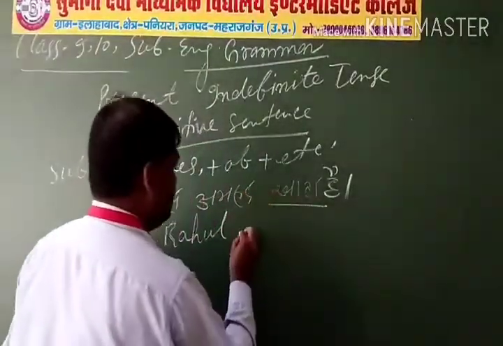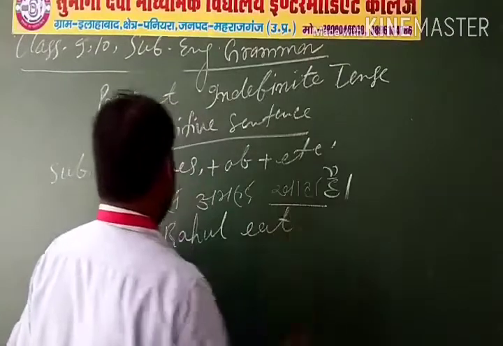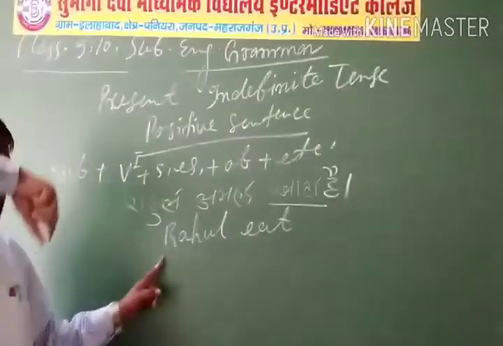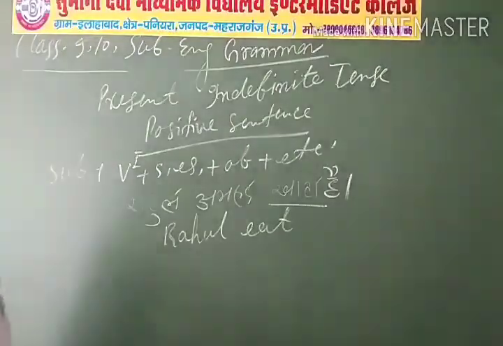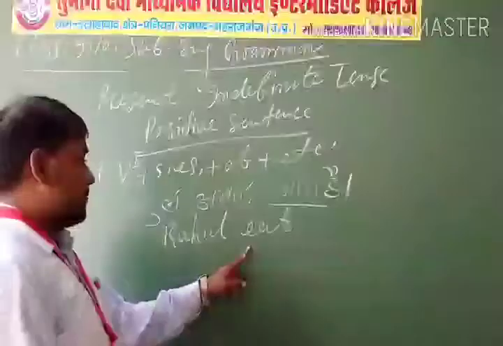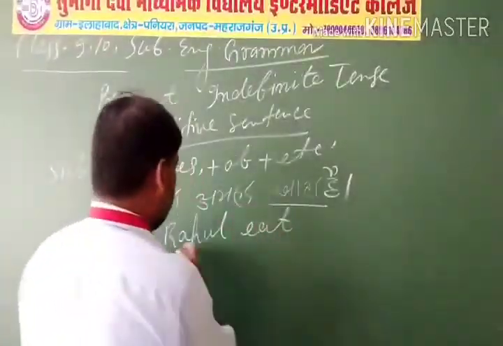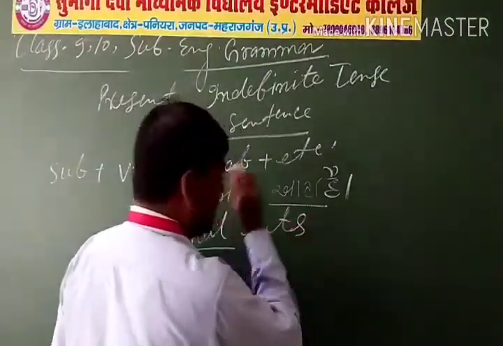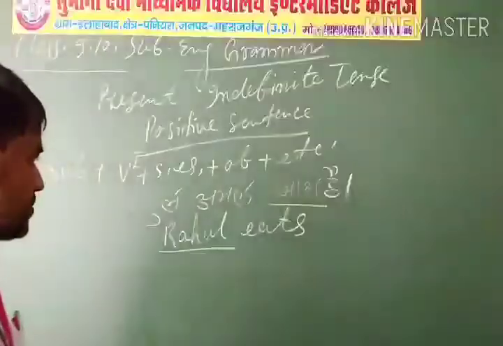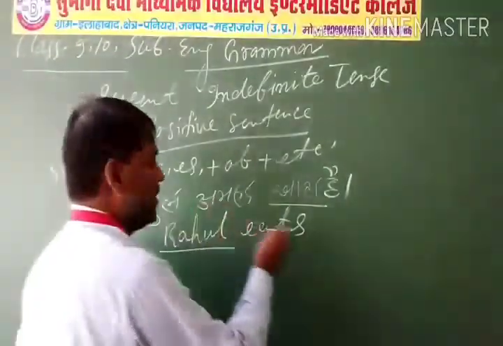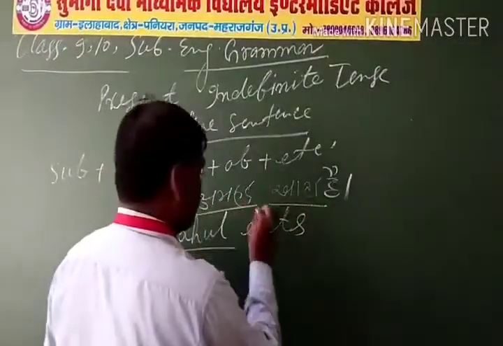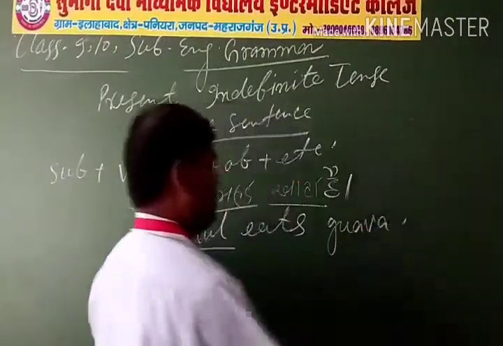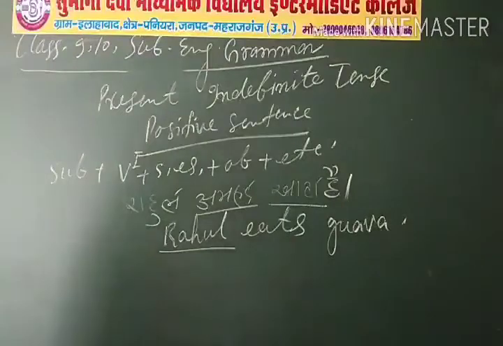It is the verb eat. And here it is clear that if a subject is singular, then we have to add to the verb's first form s or es. Here Rahul is singular, then we have to join s. And after that we have to join the object. And some other examples.